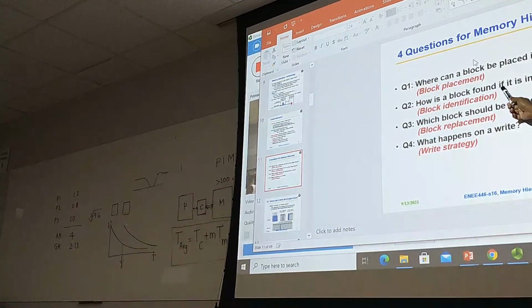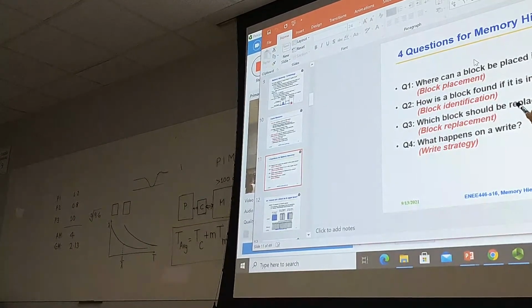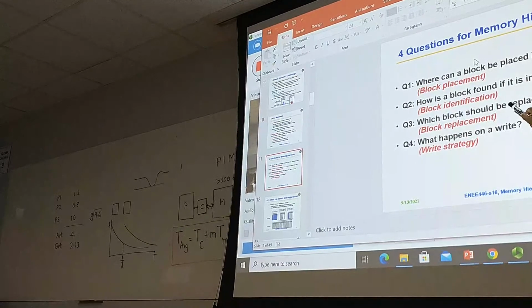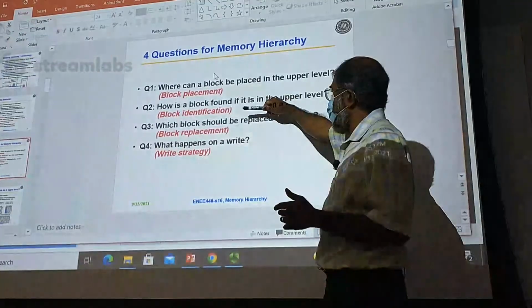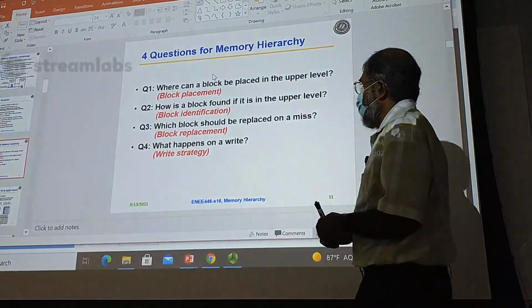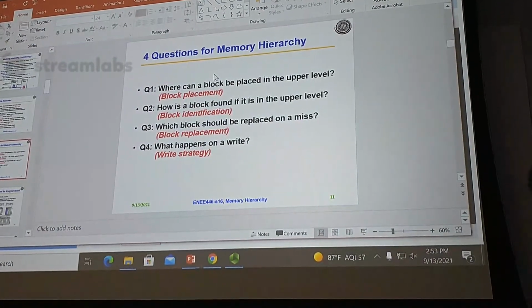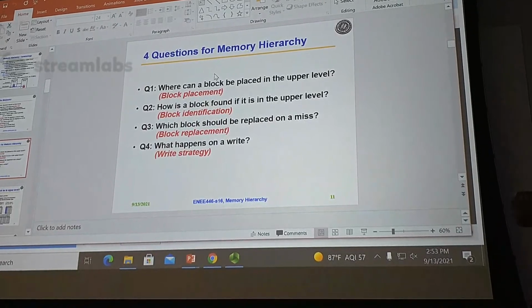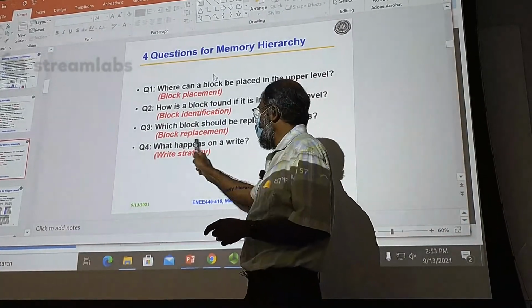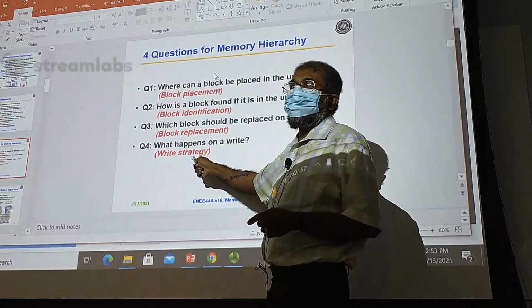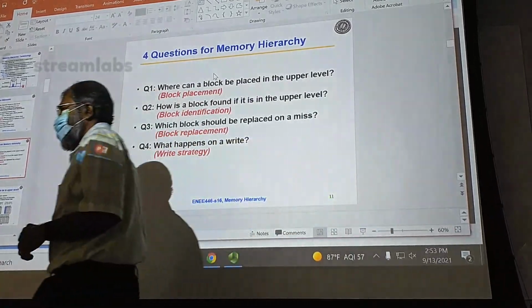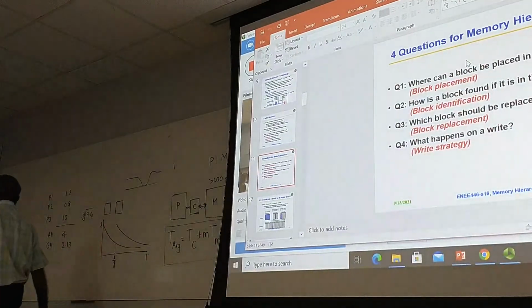And second, how will it be found? Third, that's actually also related to that. When the cache becomes full and you want to bring a new data item, which one should you replace? And this is, should you have write through cache or write back cache?